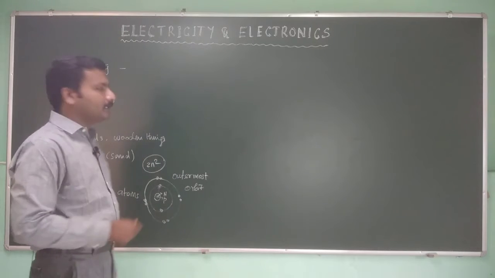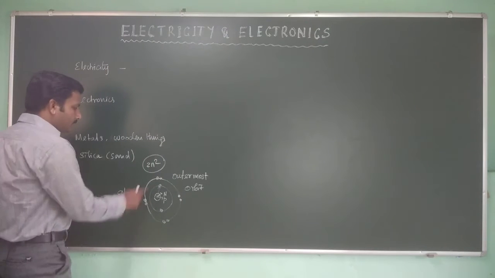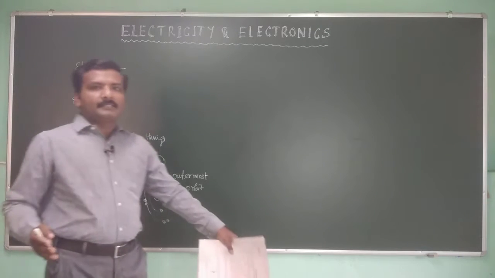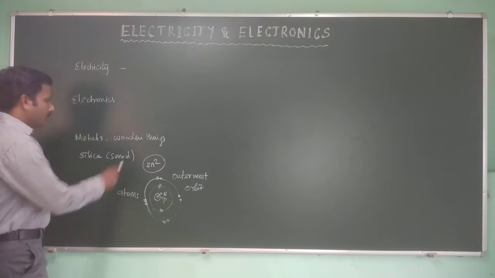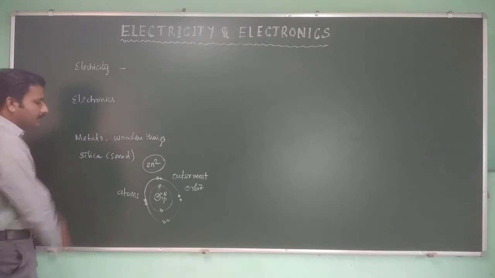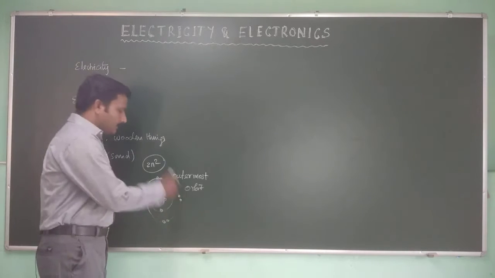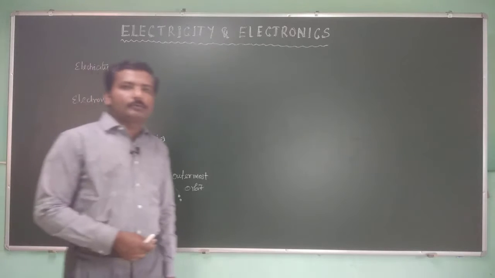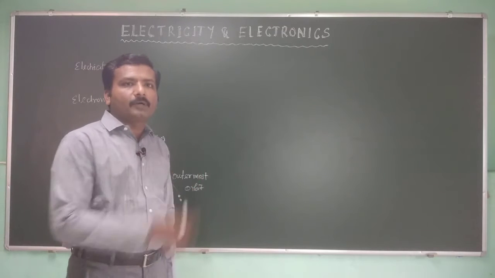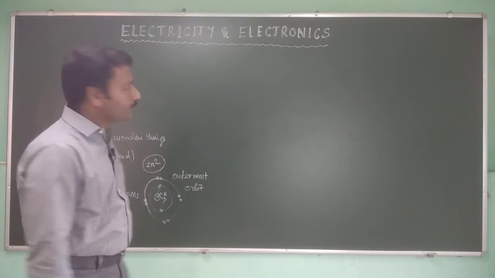Now depending upon the atom, when you consider metals or wooden things or silica, due to these outermost electrons, the property will vary.